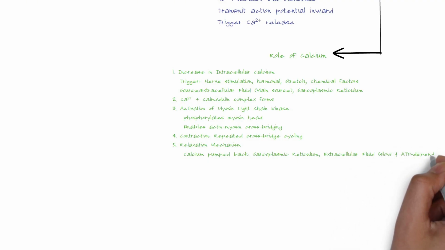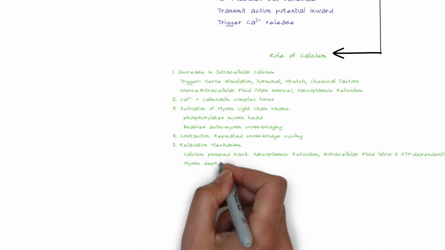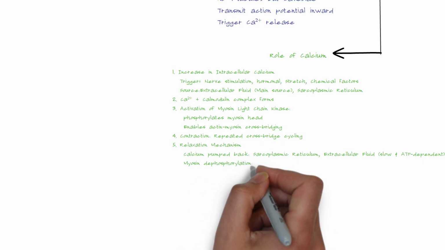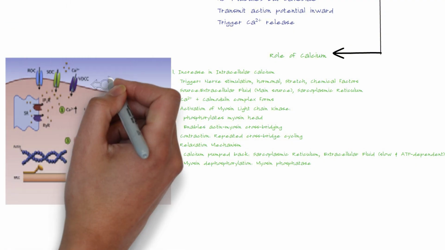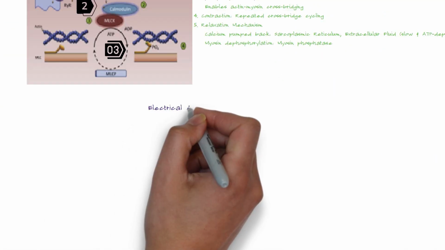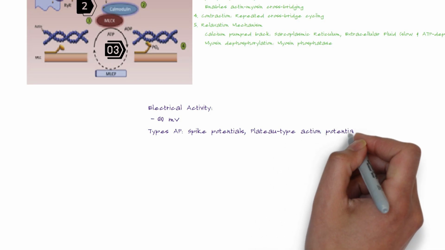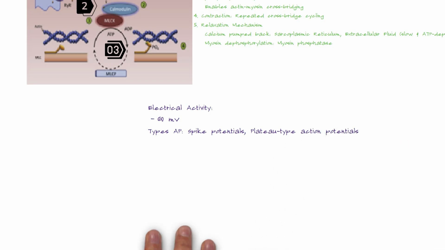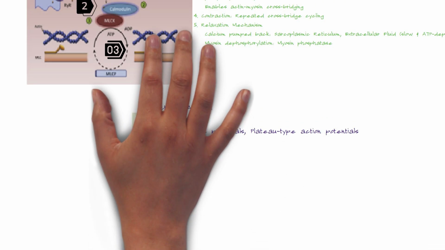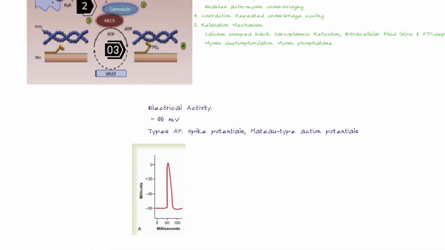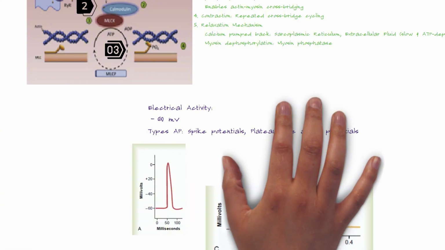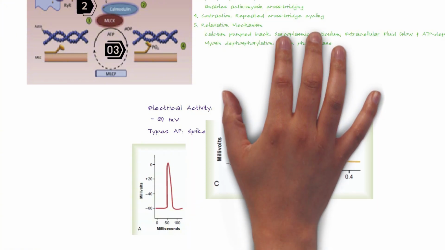Remember also that the smooth muscle differs from the skeletal muscle in the electrical activity. While in the skeletal muscle the action potential is a spike, here in the smooth muscle the electrical activity has two shapes, either the spike with depolarization and repolarization, or an action potential with a plateau.